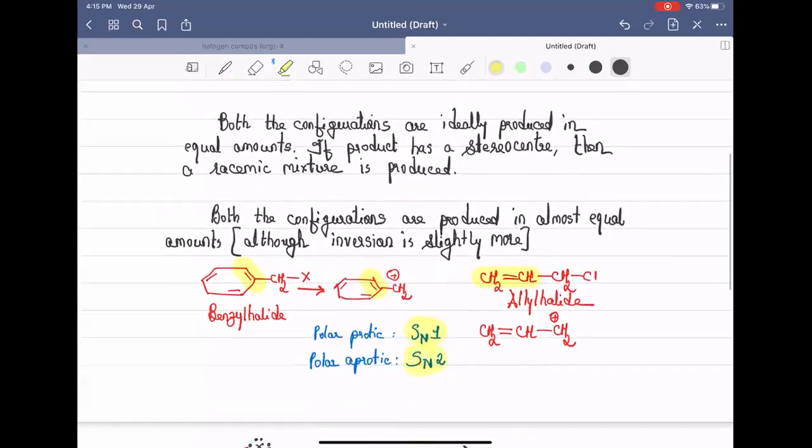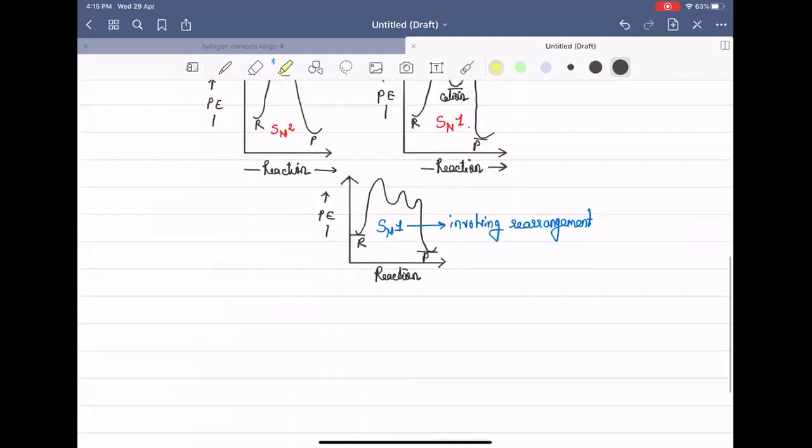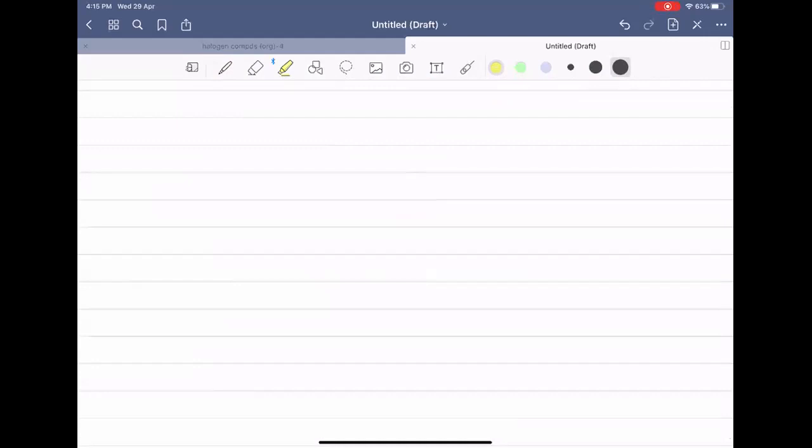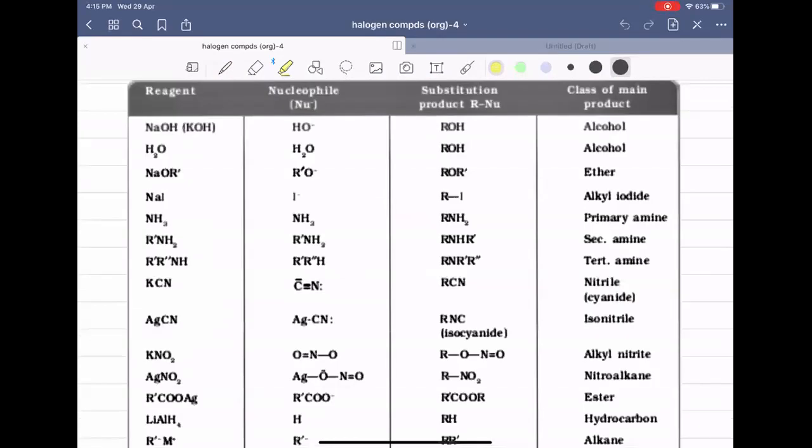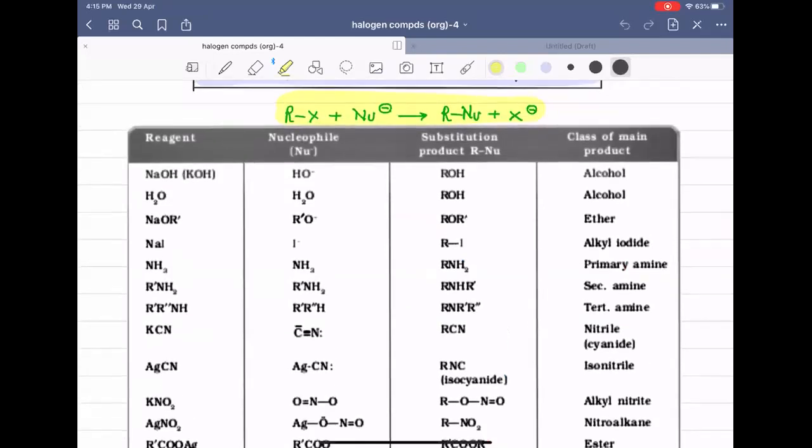So now we move on to the next part. There are some nucleophilic reactions that I have given here. There is this R-X. X could be chlorine, bromine, or iodine, and it has been replaced by a nucleophile. There are several nucleophiles given here, and these nucleophiles are from various sources.